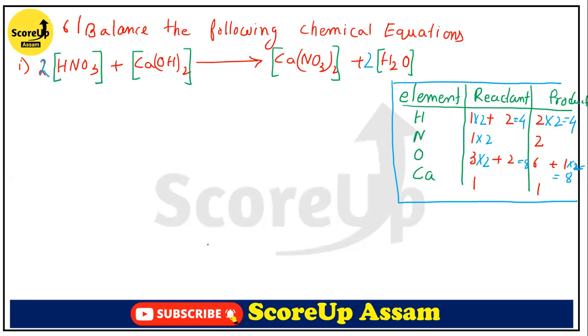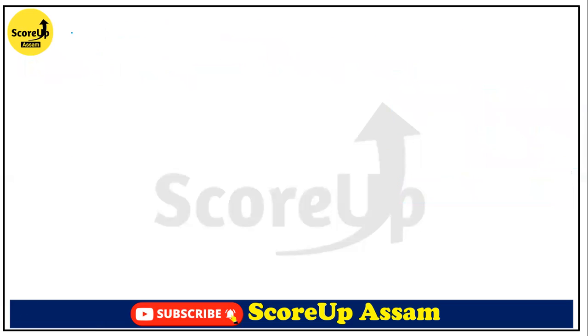Now how to balance this? Similarly, now let's move on to the next slide. Okay, Roman 2. The next equation is sodium hydroxide plus sulfuric acid H2SO4, when they react becomes Na2SO4 plus H2O.